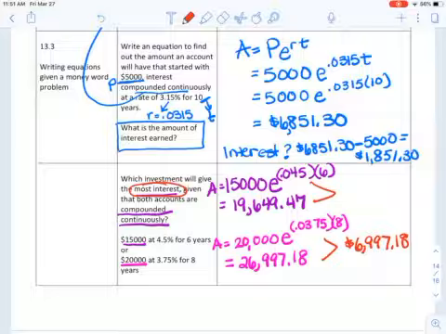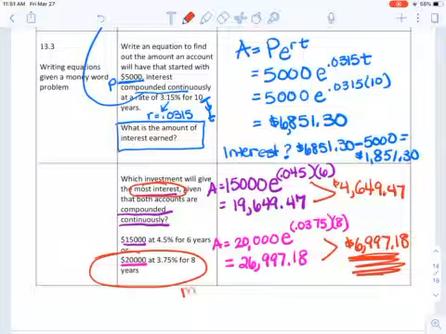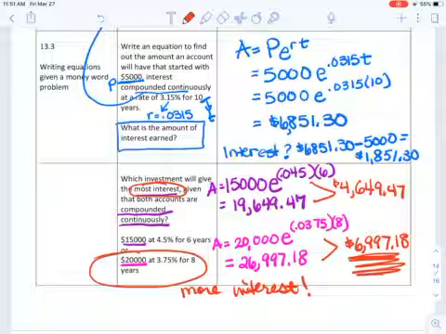If I find out the interest on the first one that we did, I do the 19,649 minus 15,000, and I'm going to get $4,649.47. So it turns out the second one is the one there's more interest in that account.